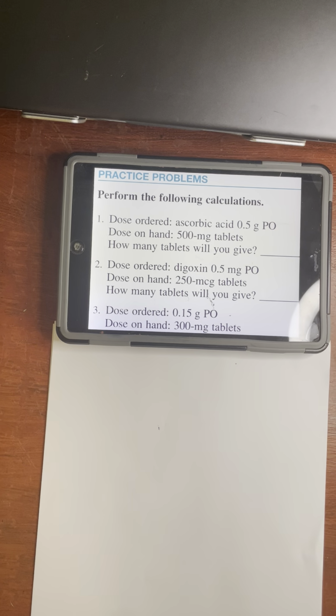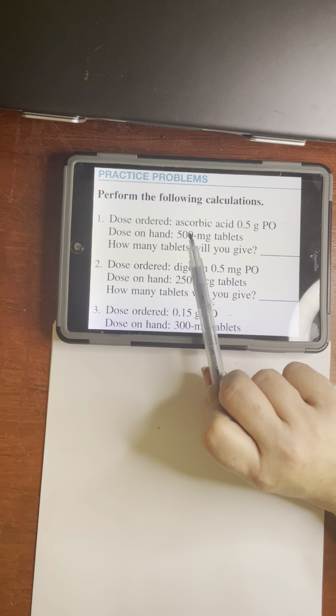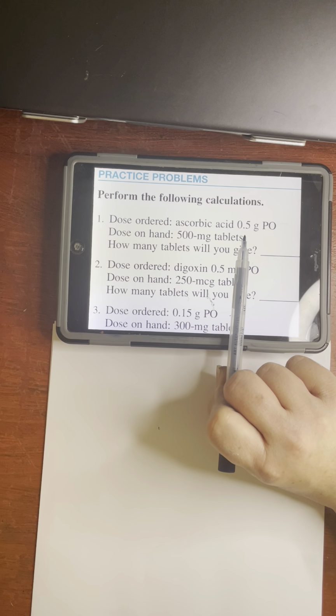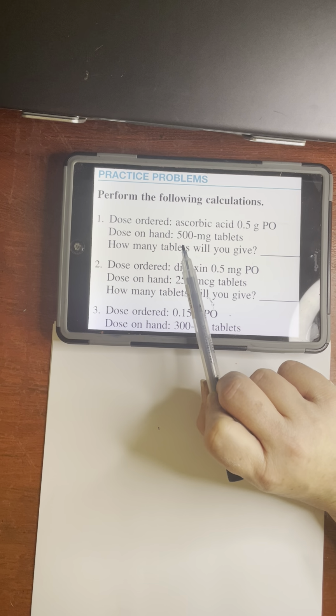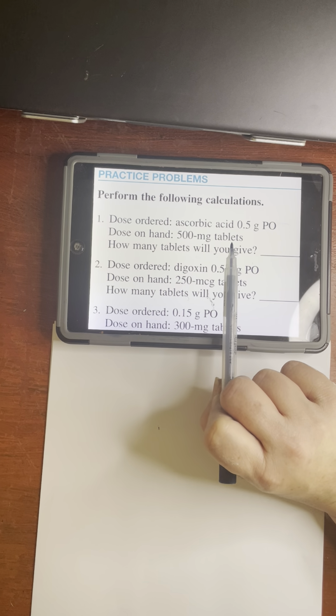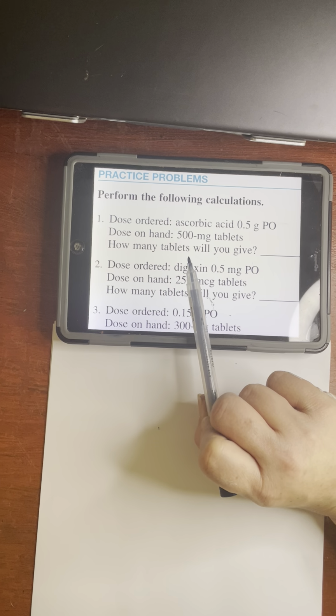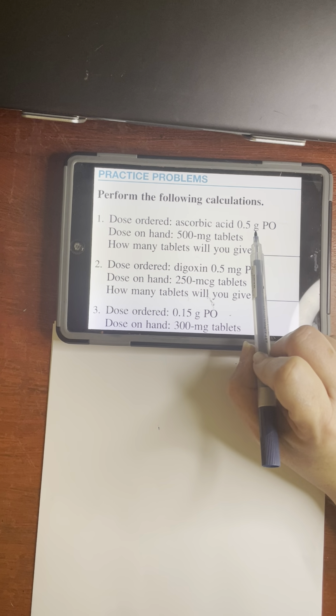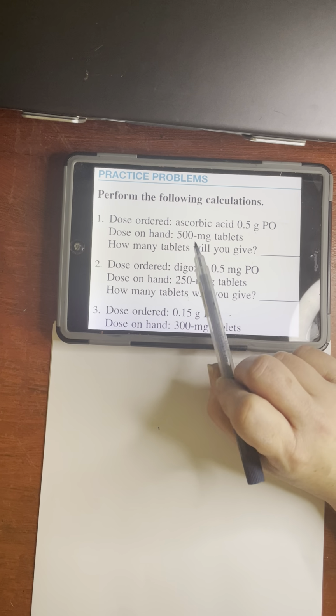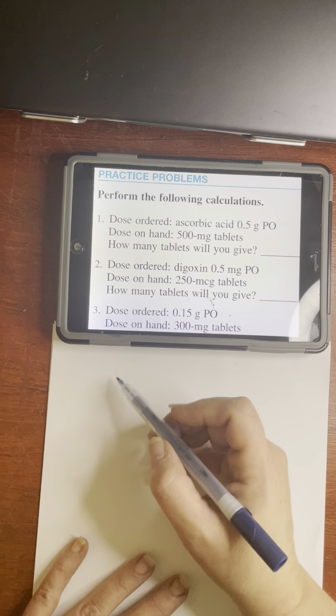Okay. So this says ascorbic acid, 0.5 grams PO. The dose on hand is 500 milligram tablets. How many tablets will you give? So you got milligrams here and grams here, and you're going to need to convert one. So I'm going to do the grams.